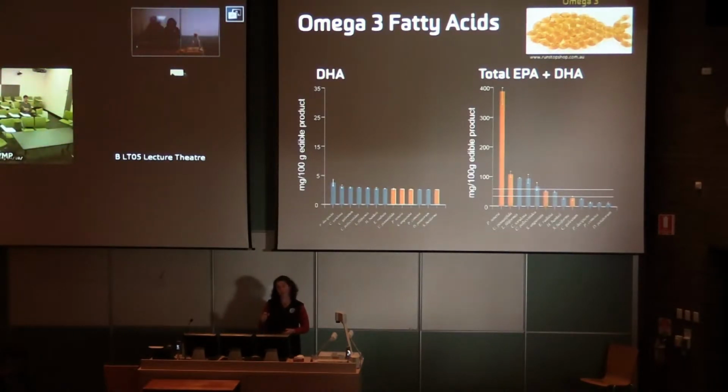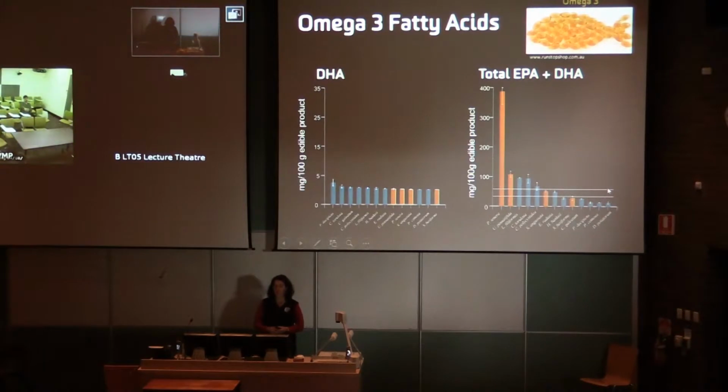But when you combine the two together, this is what is used to assess whether a product is a good dietary source. So a source or a good source, and that's what these two lines represent here. So above 30 milligrams per 100 grams of edible product, you've got a source of these EPA and DHA, so a source of omega-3, and above 60 milligrams is considered to be a good source.